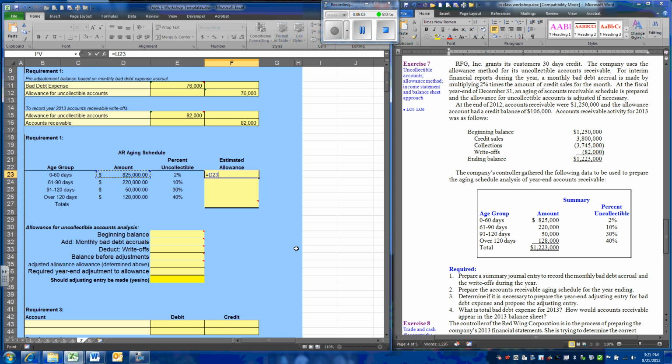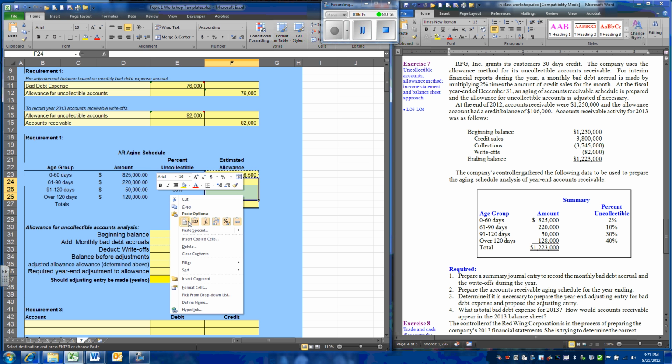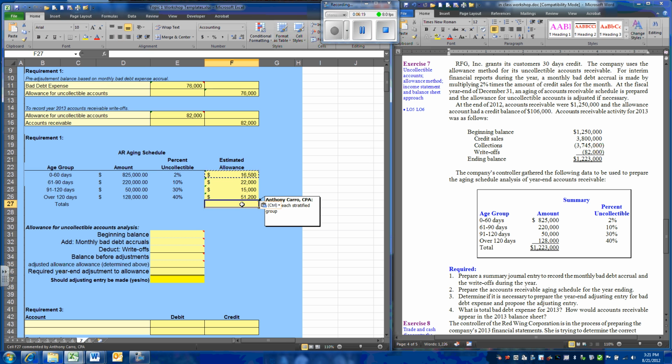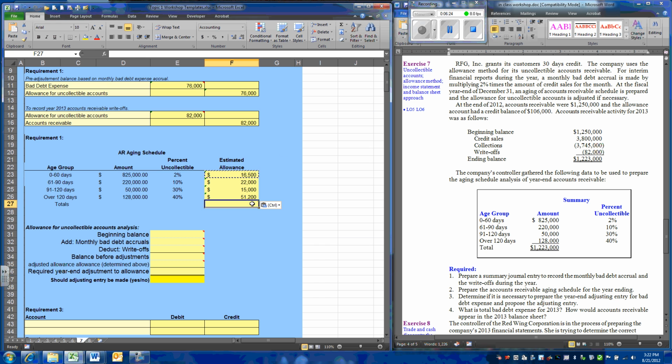So we'll take the group balance, multiply it by a bad debt percentage, copy and paste that down for each of our groups, and then we can sum up our aging groups. So we estimate that we should have a balance in our allowance for uncollectible accounts of $104,700.